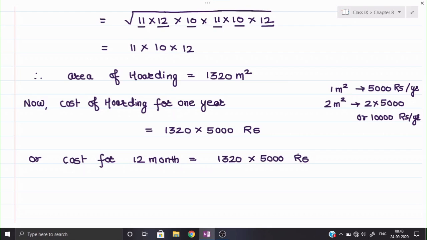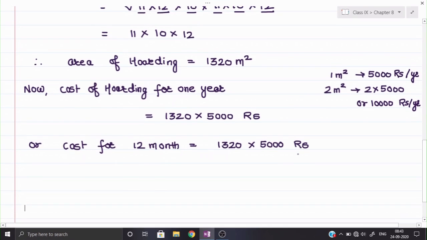Now, if the cost for 12 months is this, can you tell me what will be the cost of 1 month? So we shall write down cost for 1 month. For 12 months the cost is this one. If I want the cost of 1 month, I will divide this value by 12, as simple as that.